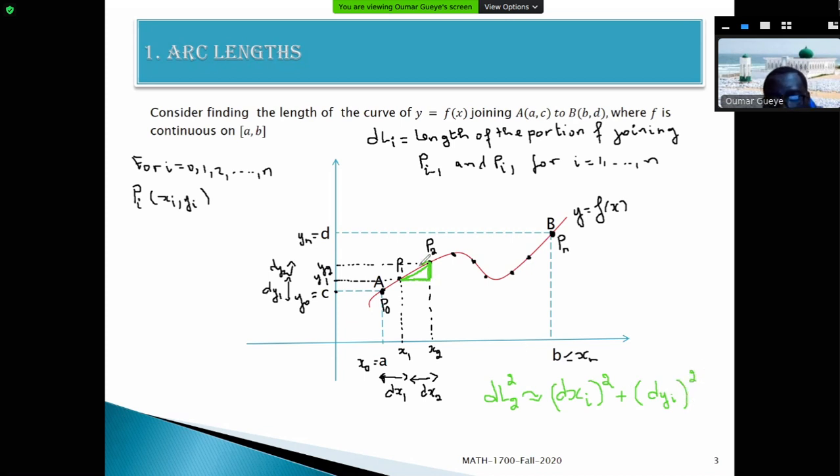Pythagoras theorem. And dli is not the hypotenuse, be careful. dli is exactly what I want to calculate. I defined it here, but I'm going to approximate it by using the hypotenuse because they are really close. If p1 is really close to p2, dli is going to be really close to the hypotenuse. And this is exactly what I'm going to give the details on in the next slide.